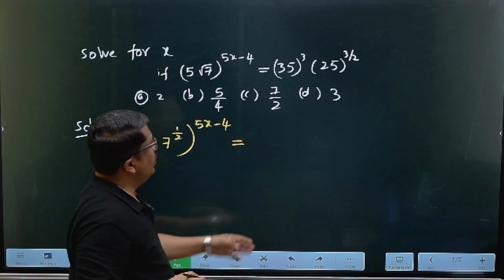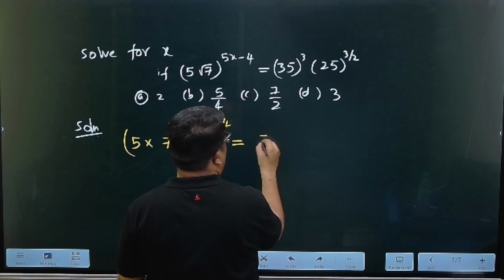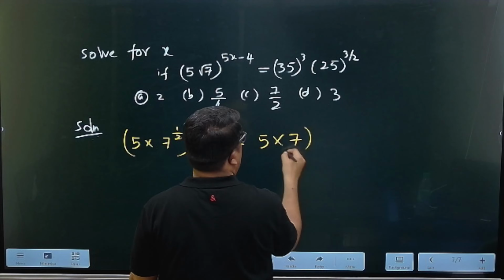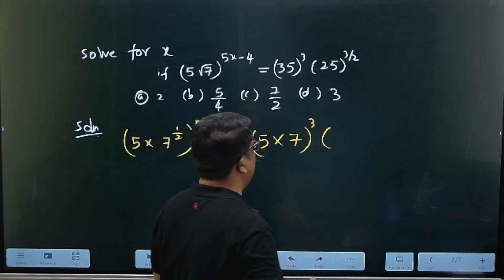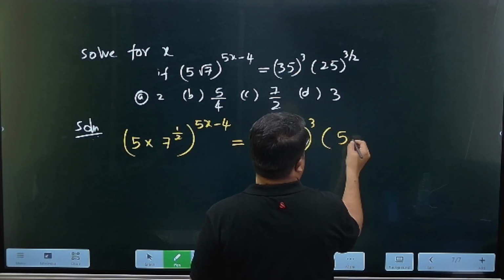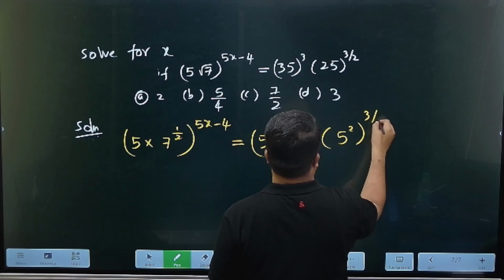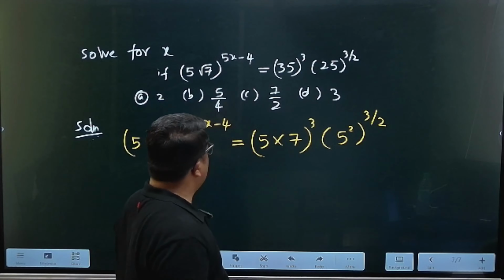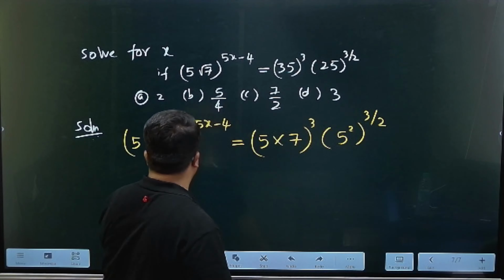This is equal to 35, which can be factorized into 7 into 5 or 5 into 7, raised to 3; 25 can be factorized as 5 square, 5 into 5, raised to 3 by 2. So here I have used again the laws of indices.